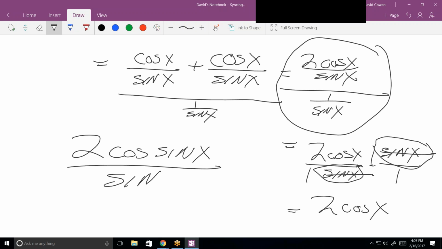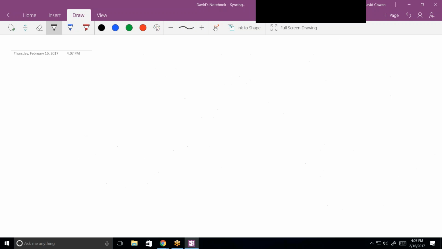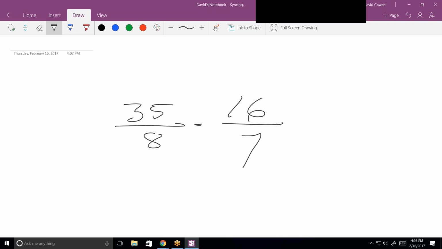That's an unnecessary step. In other words, whenever you're multiplying a fraction by a fraction, your first thought should always be simplify. And it doesn't matter whether it's trig functions or algebraic functions. If I have something like 35 over 8 and I multiply it by 16 over 7, I'd be foolish to multiply 35 times 16 and divide it by 56. I would need to get a calculator.